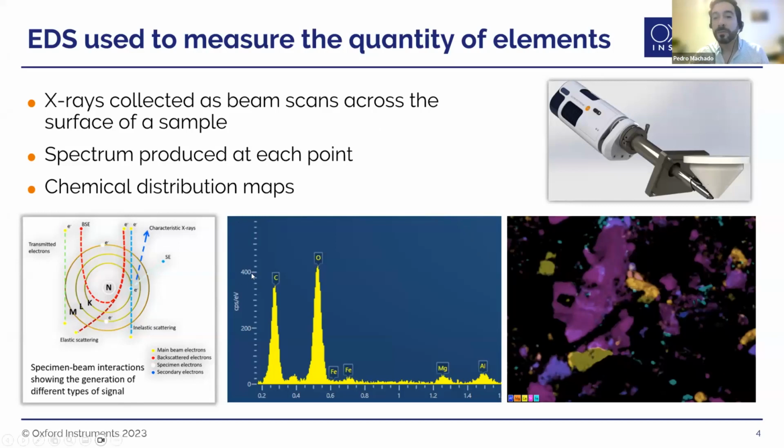For example, here you have the graph where you can see the energy of your elements along the x-axis, and you can see their intensity along the y-axis. If you do this along your sample and you collect a lot of pixels, you'll be able to come up with the image you see now on the right side, where you see a lot of colors that represent the different elements of your specimen, and we usually call them element maps.